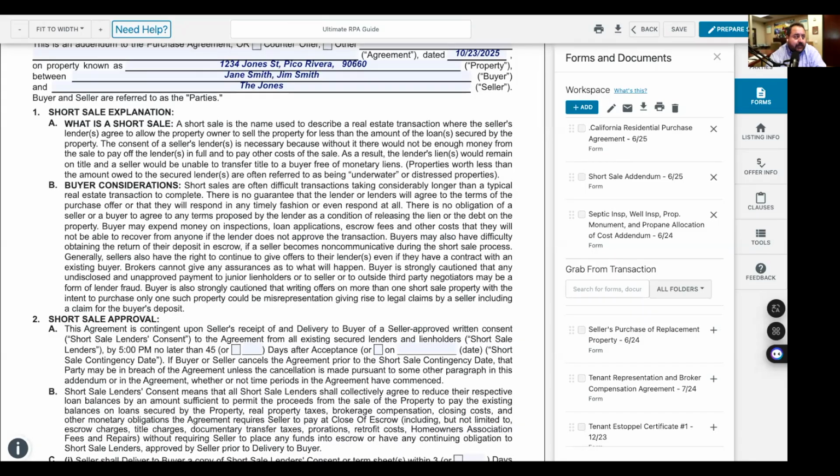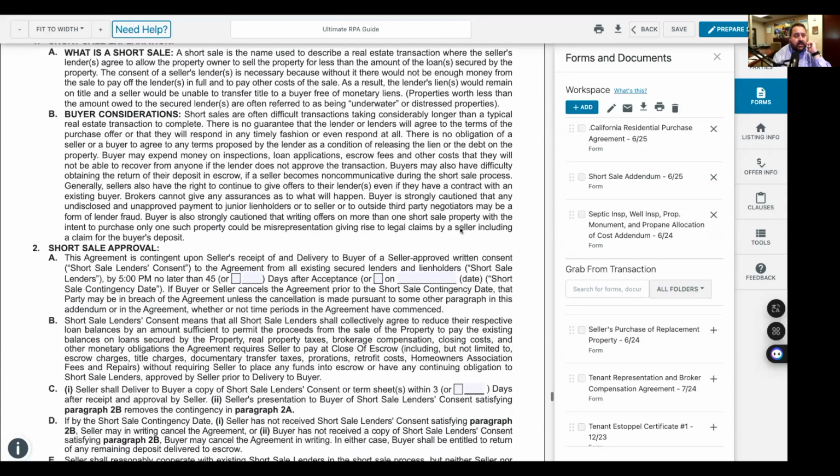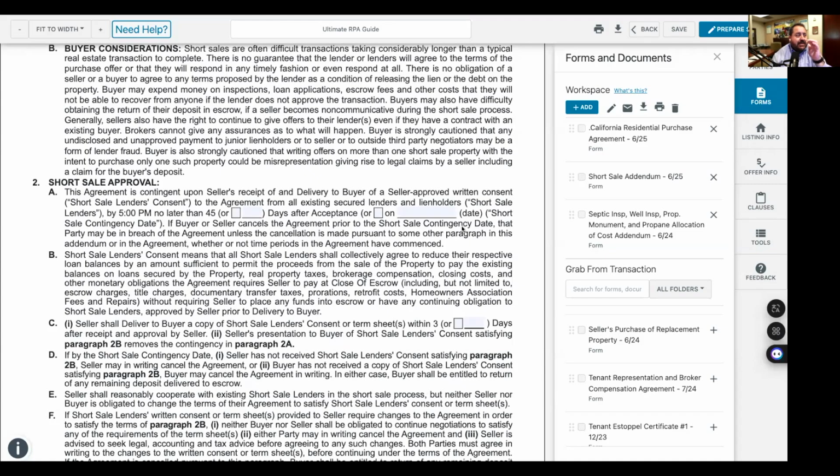Now, this on the short sale approval, paragraph 2, is where we're going to do the terms of getting the short sale approval. So 2A is, this agreement is contingent upon seller's receipt of and delivery to buyer of a seller approved written consent to the agreement from all existing secured lenders and lien holders by no later than 5 p.m. 45 days after acceptance.